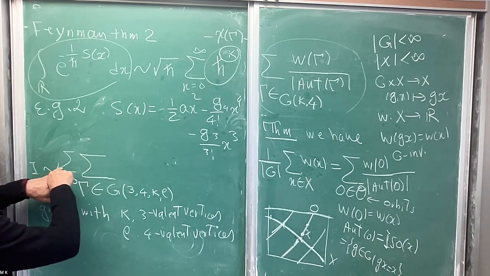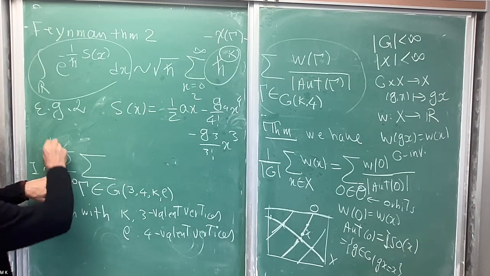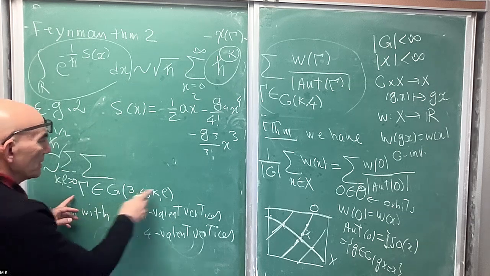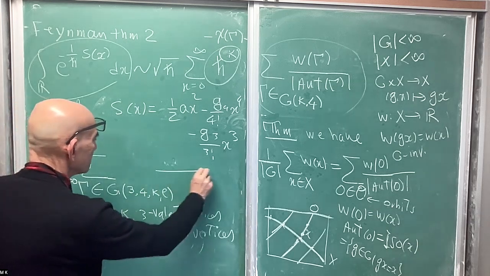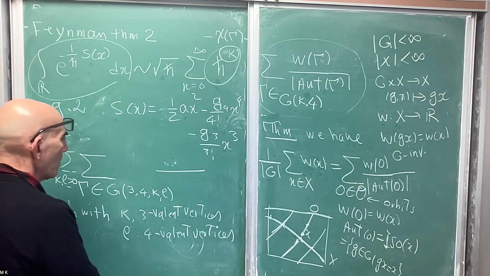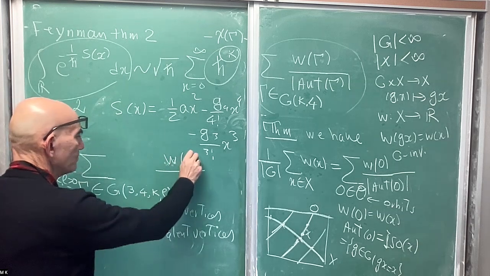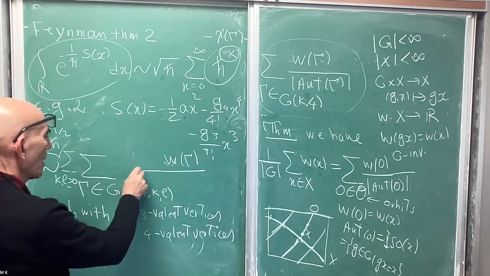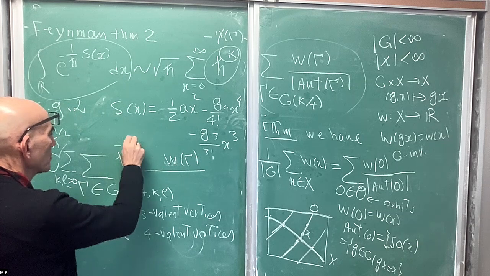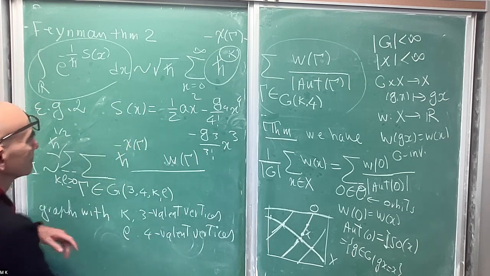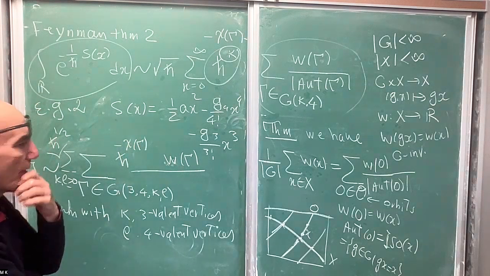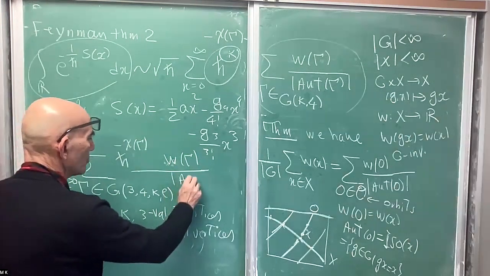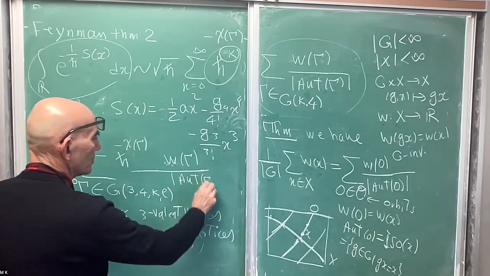There should be some factor here, again just h bar to the half in front. Then we put W of gamma, and then h bar to the power minus Euler characteristic of gamma, and then we divide by the order of the automorphism group of gamma, like in general.